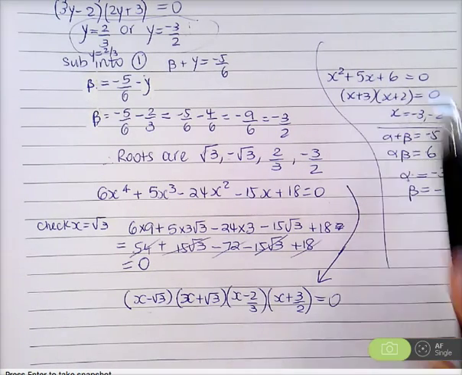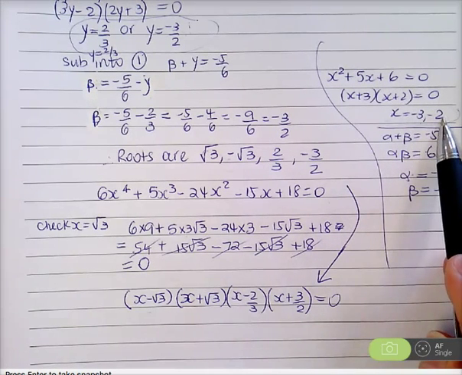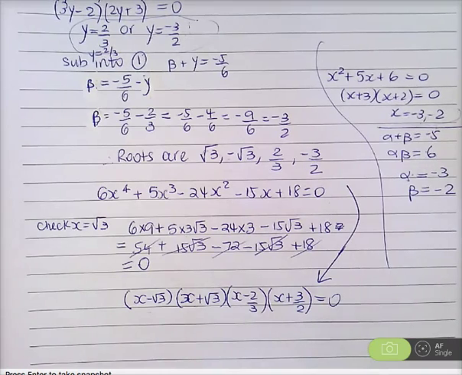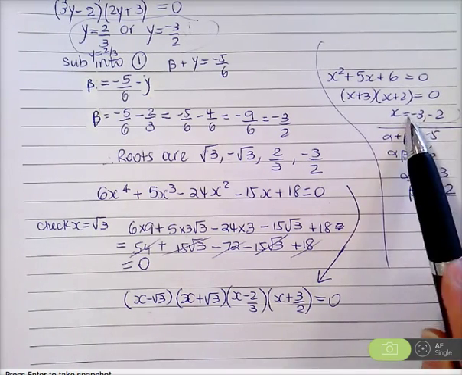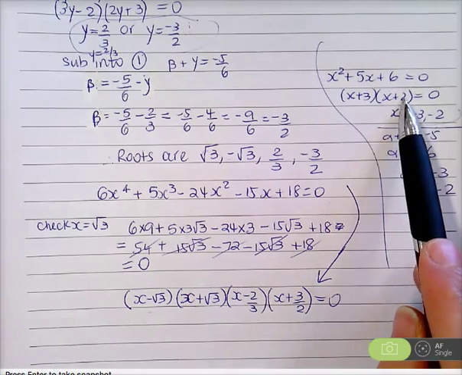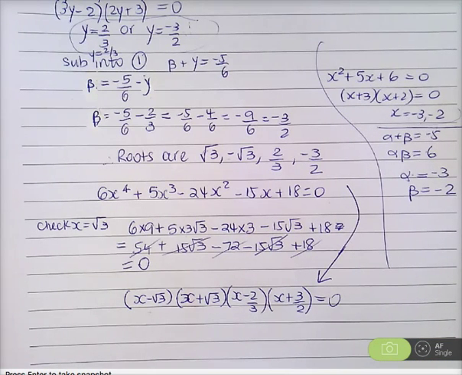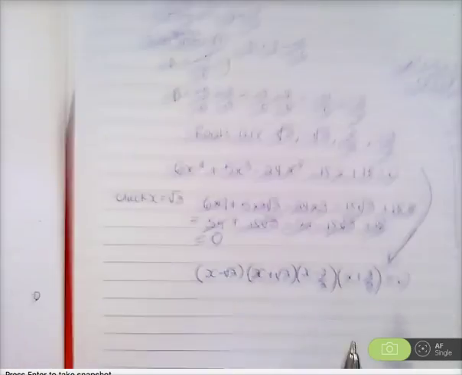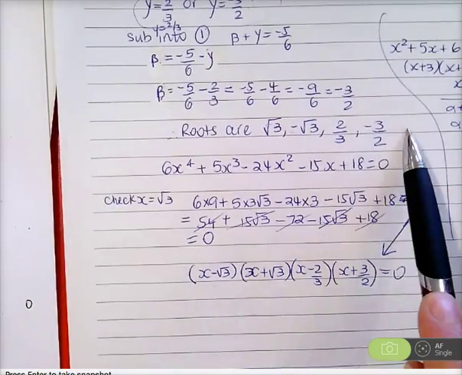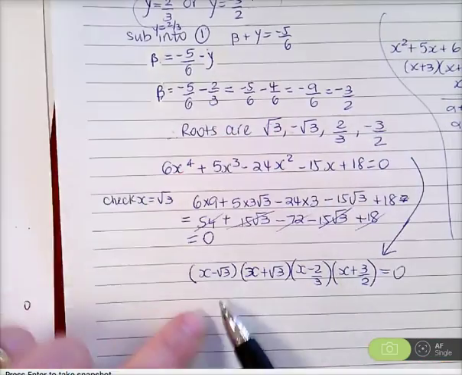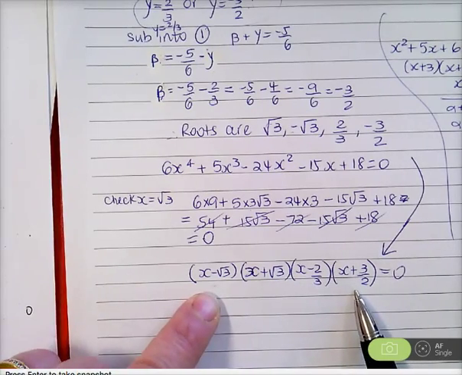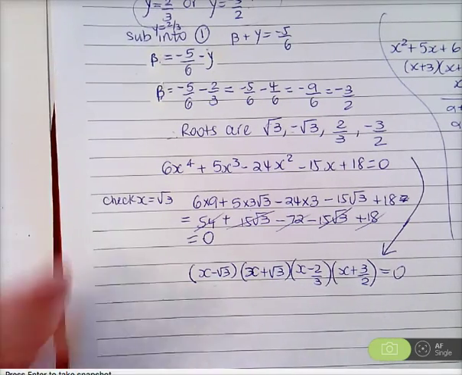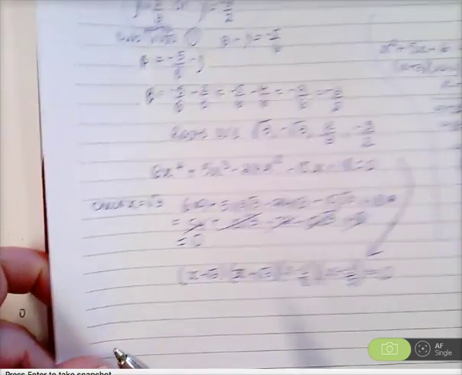That means the solution to this is x is negative 3 and negative 2, because we always let alpha and beta be the roots. And once you know what your roots are, you can write it in factored form. But remember, factors are x minus your root, x minus the root. So if you know what your roots are, you can write it in factorized form. Now, that's going to lead us to these questions.